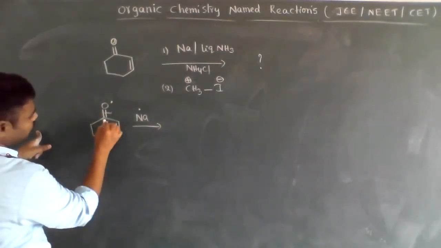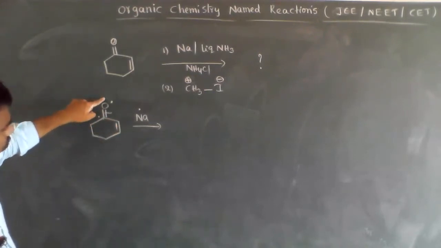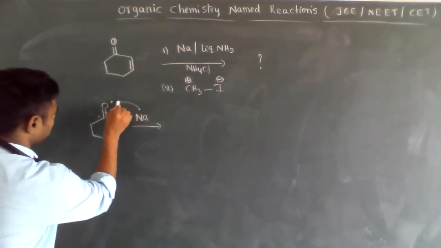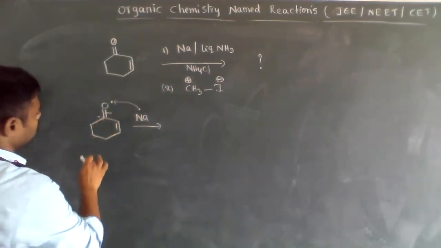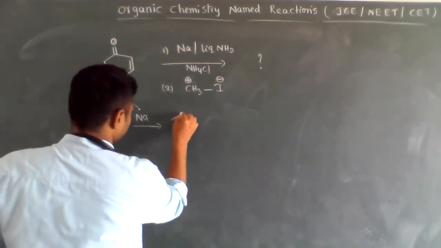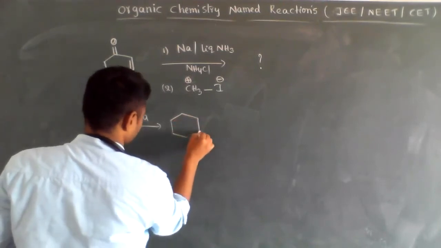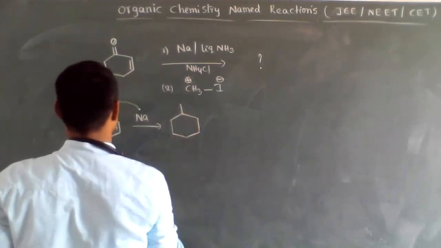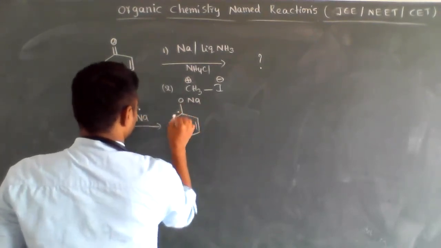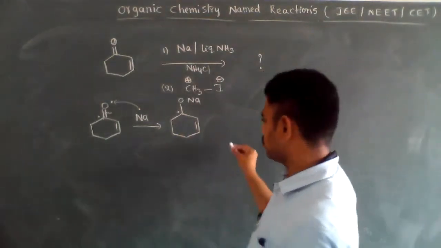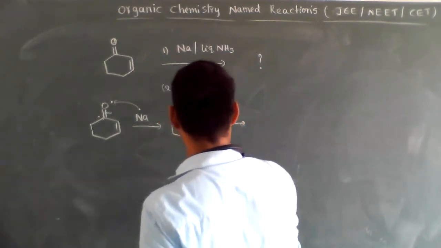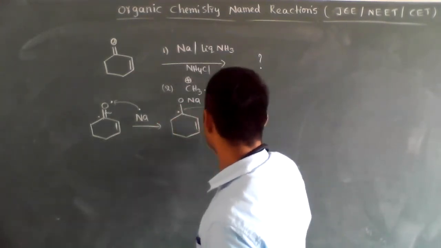Then the C double bond O group will be ionized to give an O free radical and a carbon having a free radical. Then ONa will form. Again here one free radical will produce and it reacts with 1 mole of sodium. Then the sodium donates 1 electron.